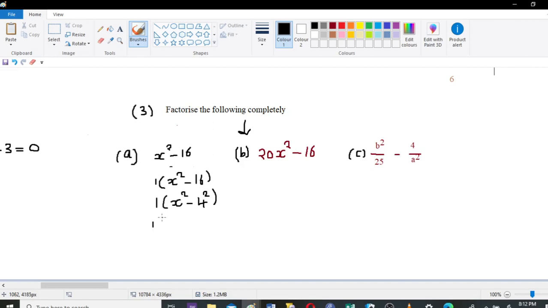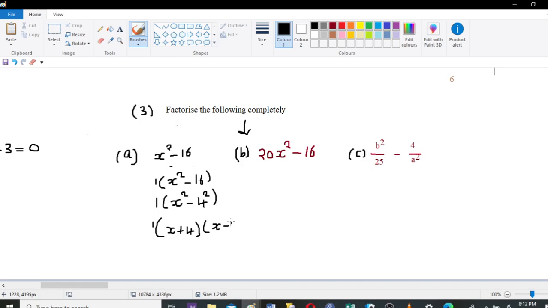Now the last step that you have to do is to write here what is inside the brackets in difference of 2 squares, right? So we have 4 there, and we have x. So the first bracket is carrying the positive sign, and the second one is going to carry the negative sign.